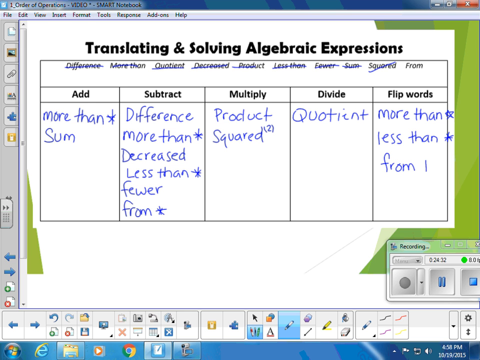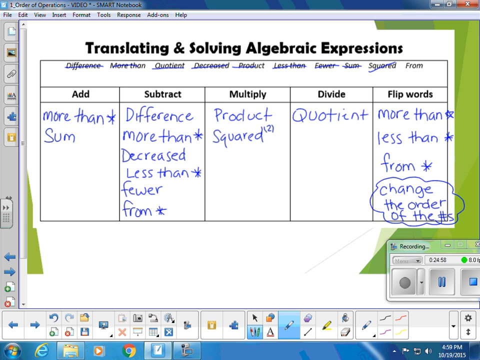And what I mean by flip words is this tells you to change the order of the numbers in the sentence that's given to you. And let me explain what I mean by that. So put a little circle or something around that so you know that's what that means.